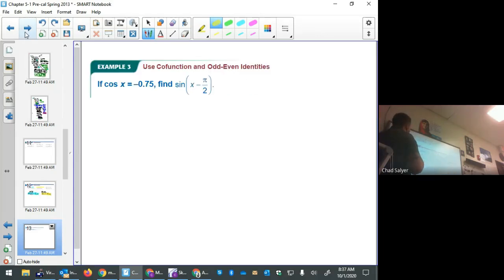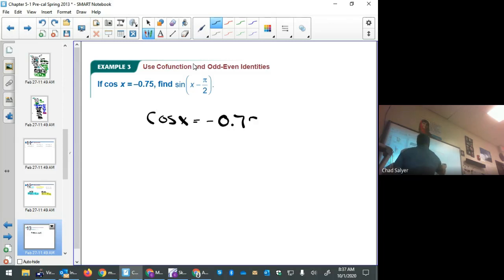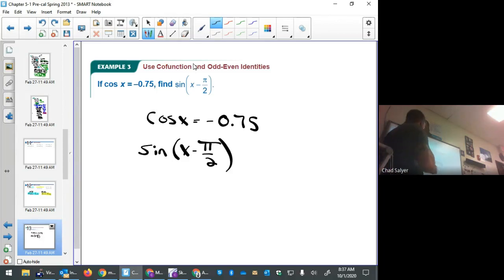Okay, so anyway, if cosine of x is negative 0.75, we need to find the sine of x minus pi over 2. So, first of all, we need to rewrite this left side of the expression in a way that relates to cosine.